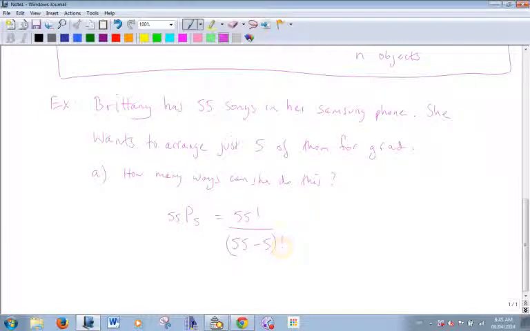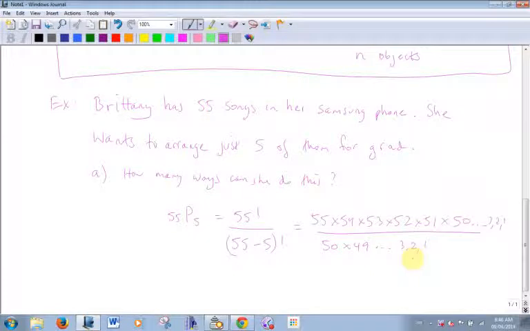Let's simplify it first. So that's 55 times 54 times 53 times 52 times 51 times 50, so on and so on, all the way down to 3, 2, 1, right? That's on the top. What do I have on the bottom? 50 factorial, which is 50 times 49, all the way down to 3, 2, 1.